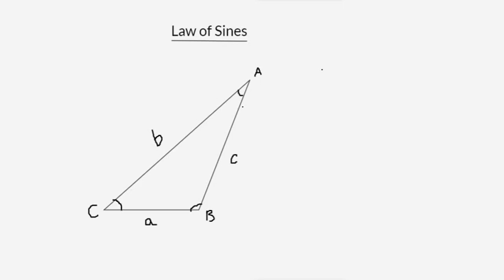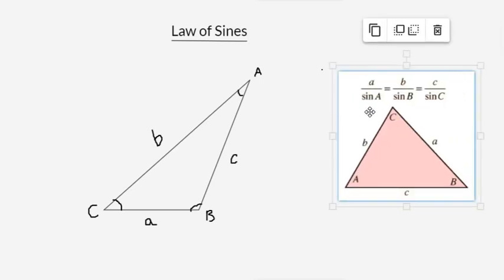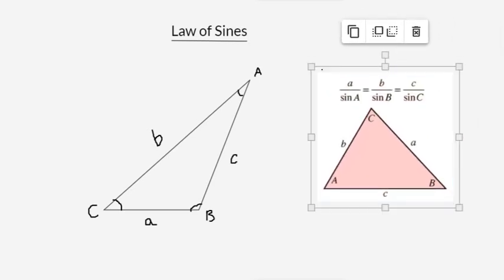So any triangle, if it is labeled in such a way, then only is the law of sines applicable. This triangle, as you can see, has been labeled in a similar way, with side A being opposite to angle A, and so on.